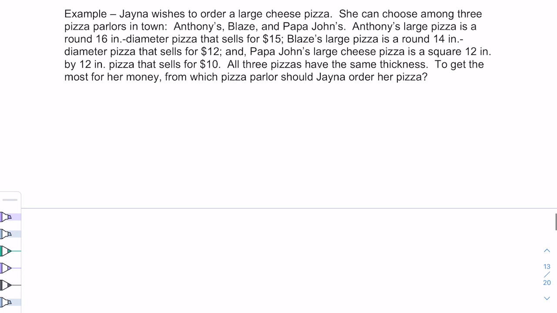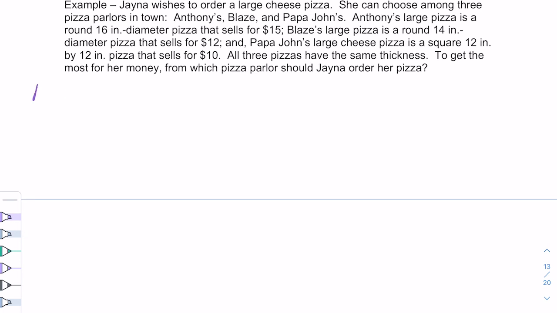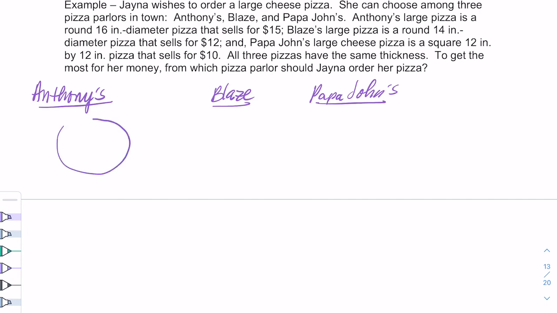Okay, so let's break this down. We've got our 3 pizza parlors. We've got Anthony's, and we have Blaze, and Papa John's. Okay, let's draw a picture. So according to what we just read, who has the largest pizza? Well, when we're dealing with the circles, it would be Anthony's because they have a 16-inch diameter pizza compared to Blaze, which has a 14-inch diameter.